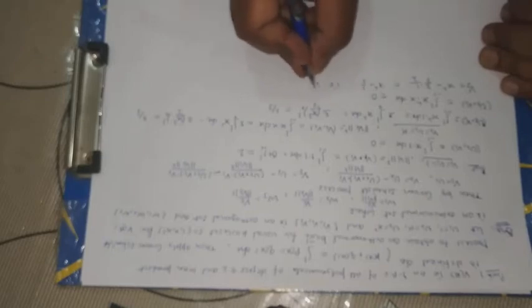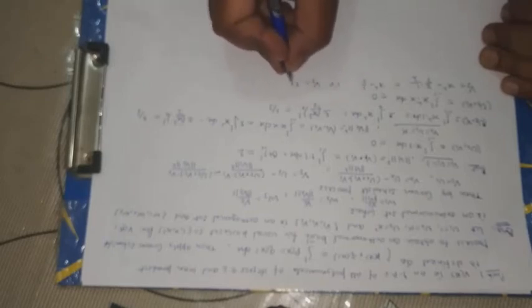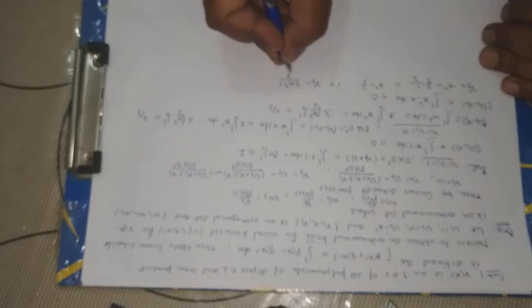That is, we can say v3 is equal to (3x square minus 1) upon 3.